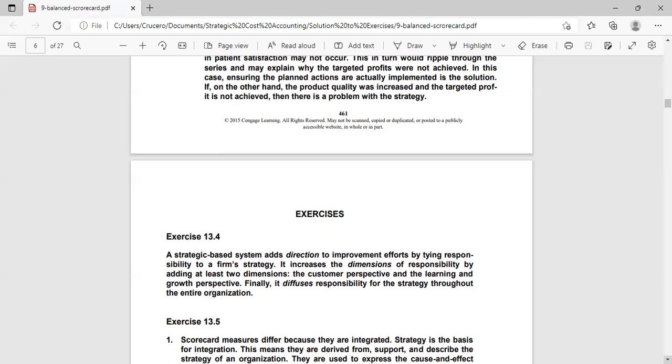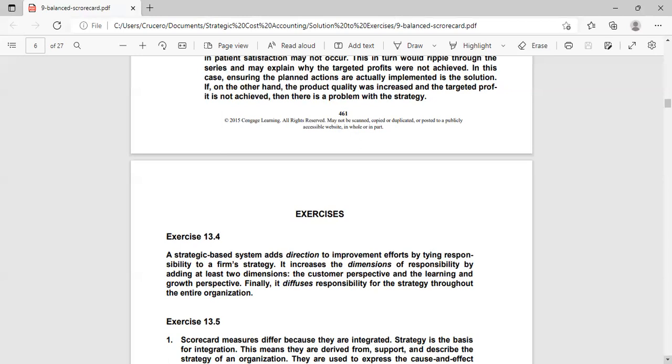Now we go to problem 9-5, still activity-based responsibility accounting versus strategic-based responsibility accounting.